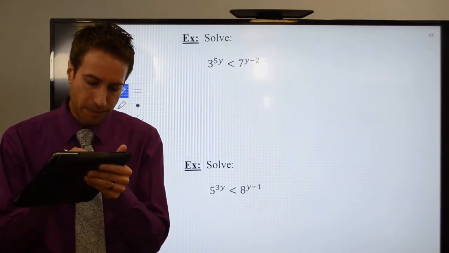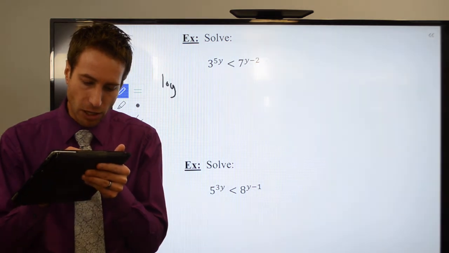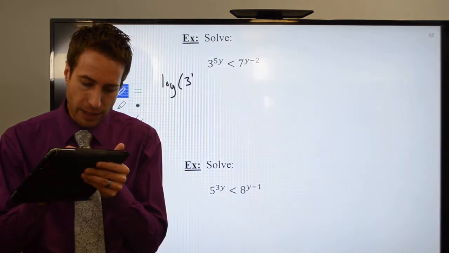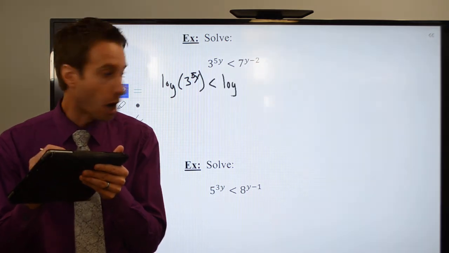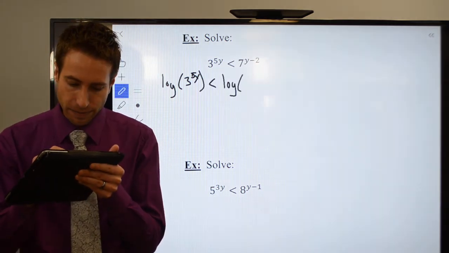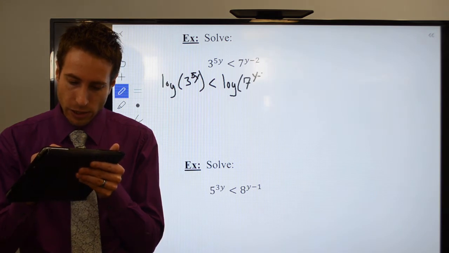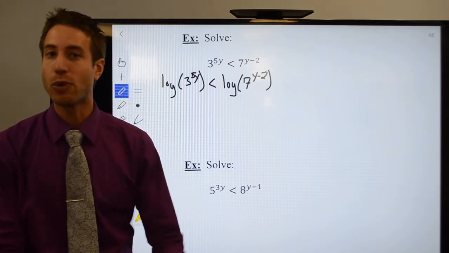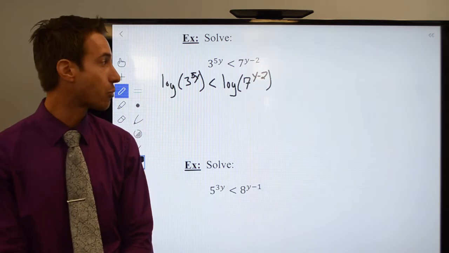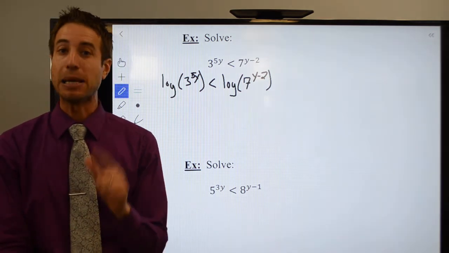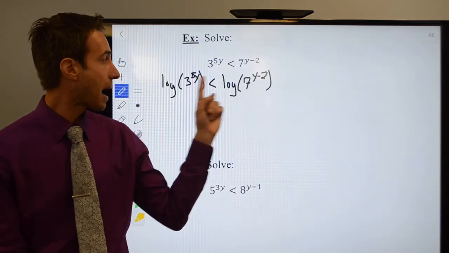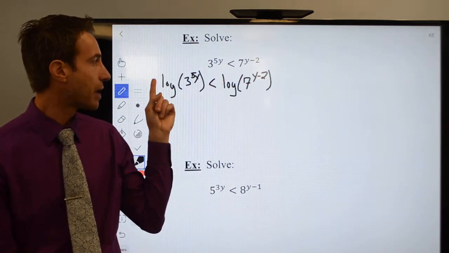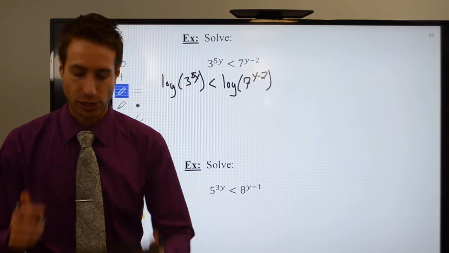So let's do that. I'll take the common log of 3 to the 5y power less than the common log of 7 to the y minus 2 power. Again, just like in the previous problems, I recognize the power property for logarithms, where those powers can be brought down out front and multiplied as coefficients.